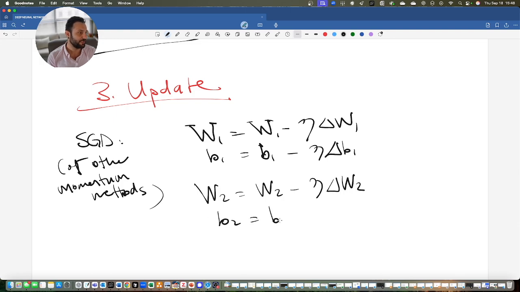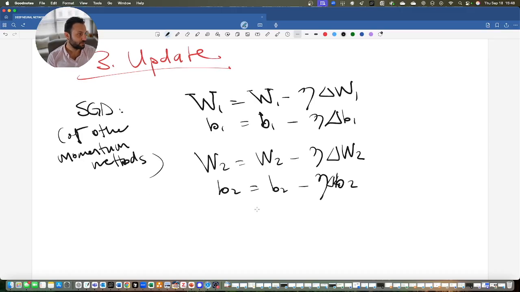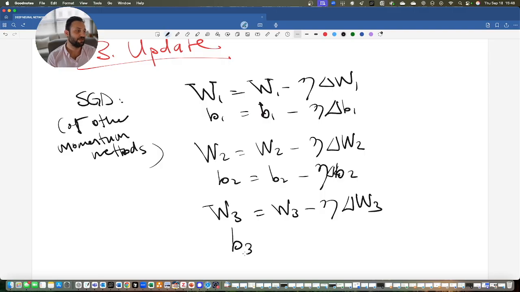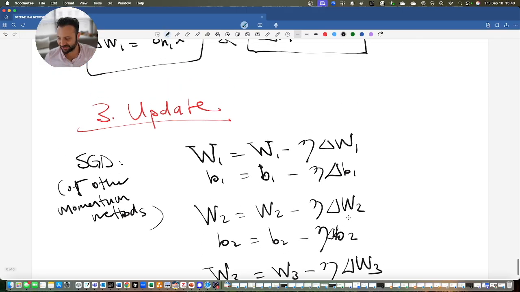B2 equals B2 minus some step size times delta B2. And finally, W3 is equal to W3 minus some step size times delta W3, and B3 is equal to B3 minus some step size times delta B3. This is how training neural networks is done.